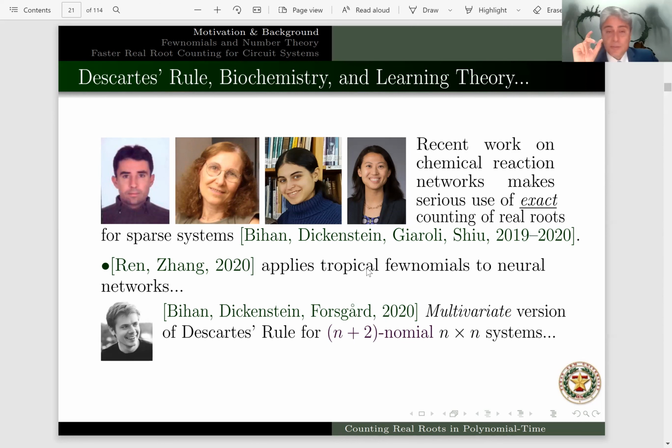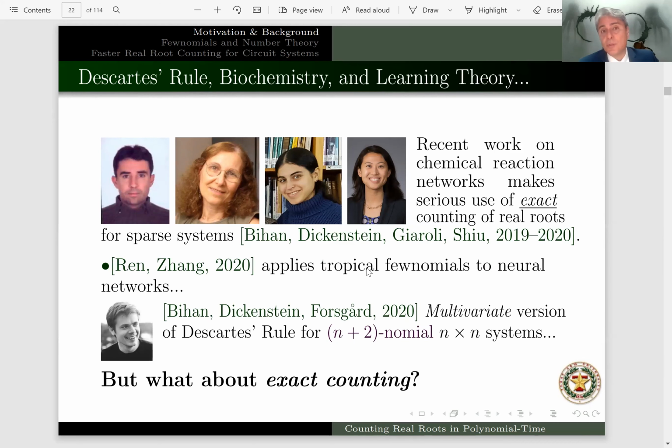In fact, the class of systems that I'm looking at today: n equations, n unknowns, and n plus 2 distinct exponent vectors. Now, the key, though, is that Descartes' rule gives you just an upper bound. It doesn't give you an exact count. And the same is true for the multivariate version. So the question is, what do you do about exact counting of real roots?